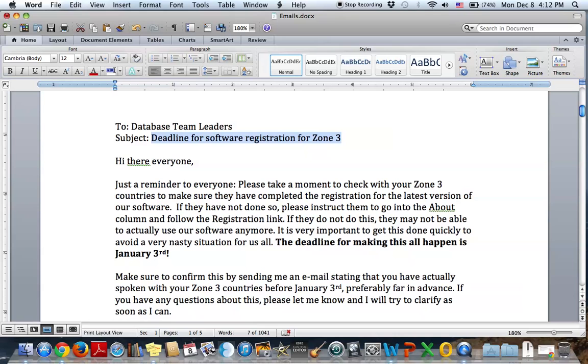As a matter of fact, we could make it even clearer, because we see right here the deadline for making this all happen is January 3rd. So I could take this part and put it up here. And I actually had a boss who did this. My boss would take the main idea of an email, write it right here, and at the end of it, my boss would write, no message.